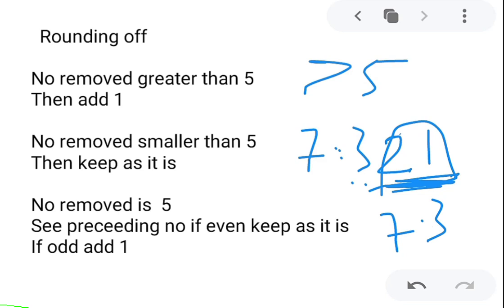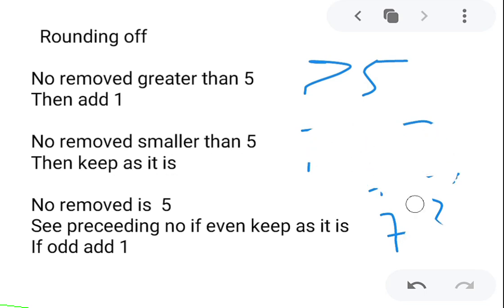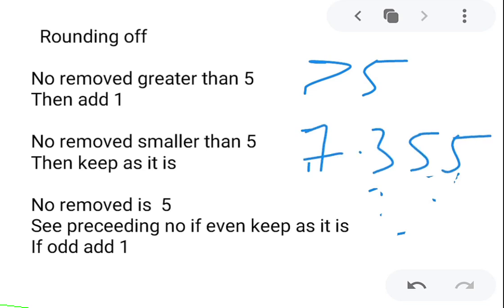Now, what happens if 5 comes? This is a question for many children of lower standard also. What if the number is 7.355 or I can say 7.356? Now I want to remove these.